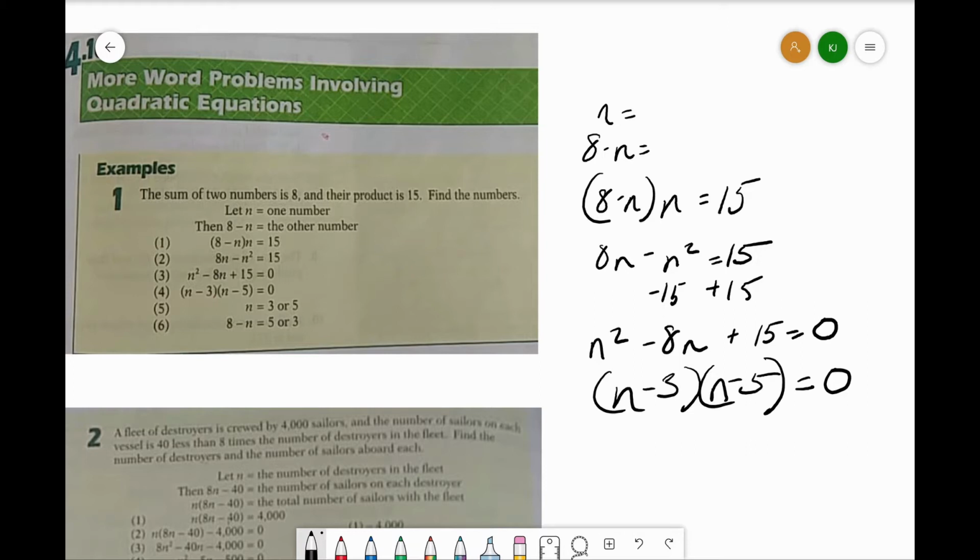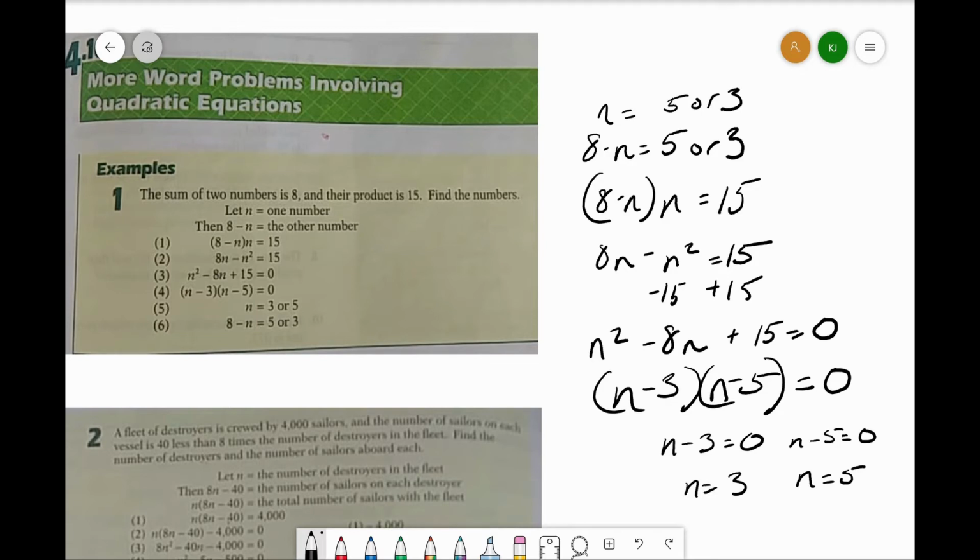So then we have n minus 3 equals 0, and n minus 5 equals 0, so n equals 3, n equals 5. And we check this, so that means 8 minus n is going to equal 5 or 3, and n is going to equal 5 or 3. Okay?